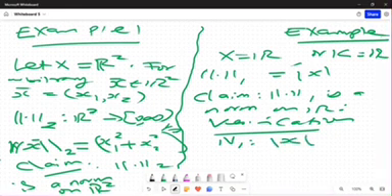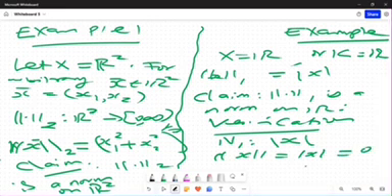With our norm in this case, norm 1 of x is equal to the absolute value of x. So the norm of x, which is the absolute value of x, is equal to 0 if and only if x is the zero vector. We need to verify this.